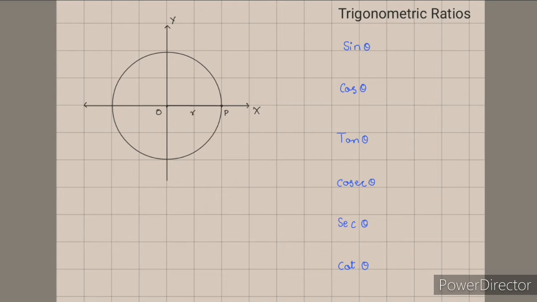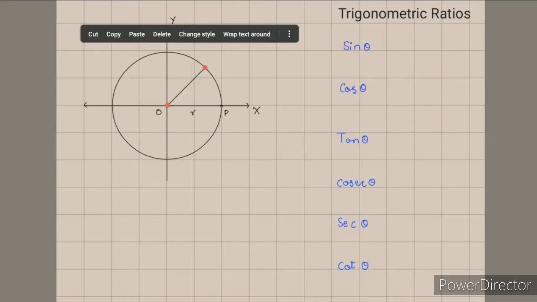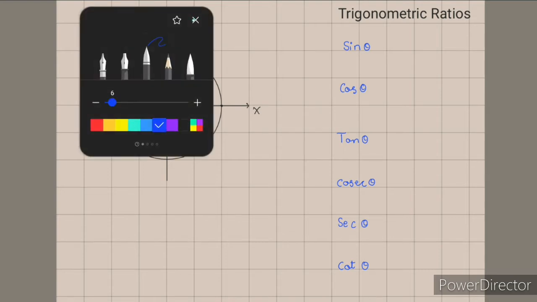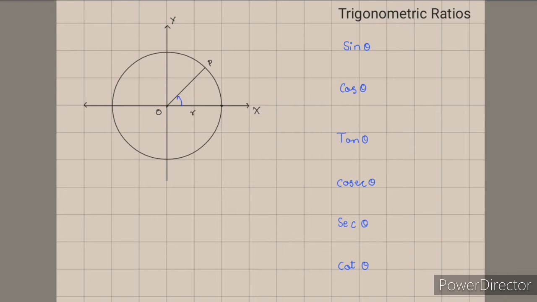Now if I move this point P somewhere on the circle, the line segment OP makes some angle with the x-axis. Let's say it makes an angle theta with the positive direction of the x-axis in the anti-clockwise direction.